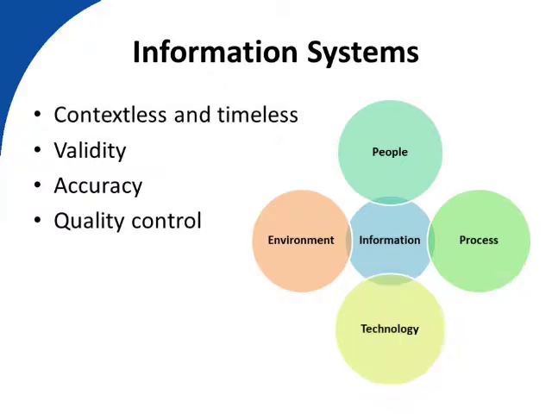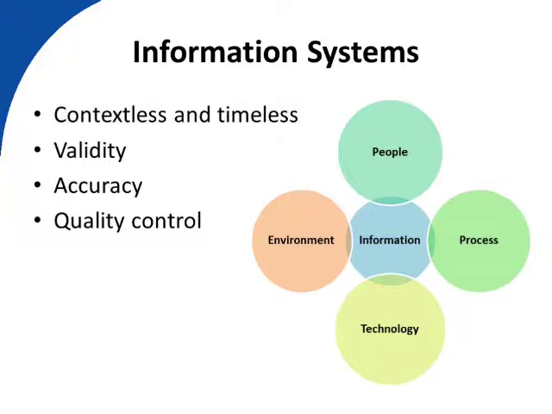Now, this diagram on the right, what we have here is what makes up information. So there are people, process, environment, and technology. As I said in the first few slides, we are focusing on decision making. So people and process are making decisions. Information is going to support them and their decisions to be more accurate or better.